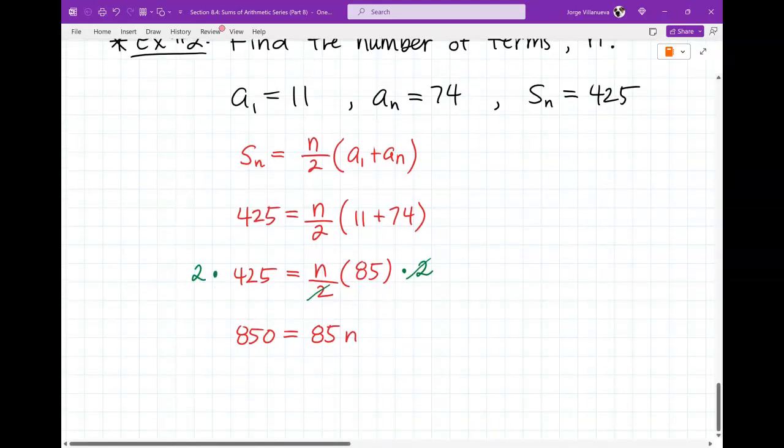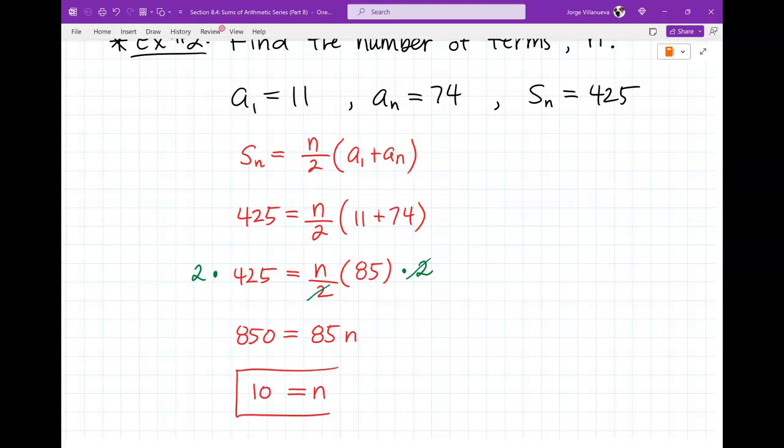If I divide both sides by 85, what do I get? 850 divided by 85? It's just a 10, right? And there you go. It took 10 terms. That's all. So that's the end of everything you guys need to know for your homework.